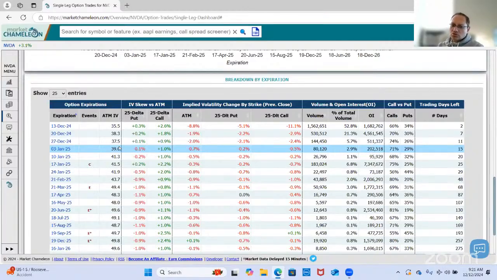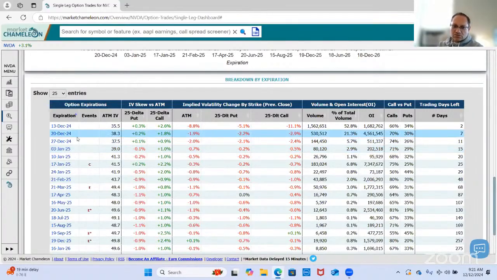Then we looked at the 25 delta put and 25 delta call and asked, what is the actual implied volatility relative to the 37.5 at the money? Is it higher or lower? This will give us a sense of what the skew may look like. So we're looking at two more numbers to get an idea of how this skew looks.